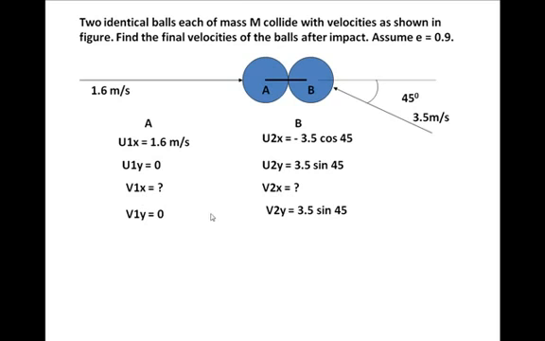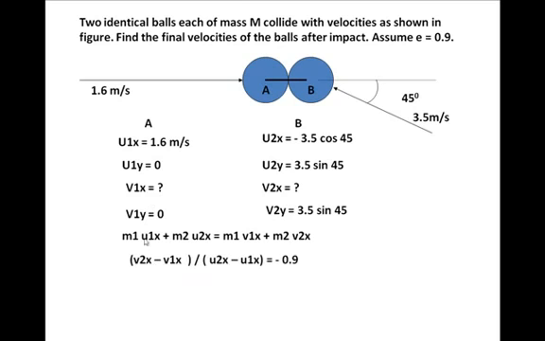So having understood this information, let's solve for v1x and v2x by writing our equations, wherein you will note that both these equations are written in x direction only, because the impact is in x direction.